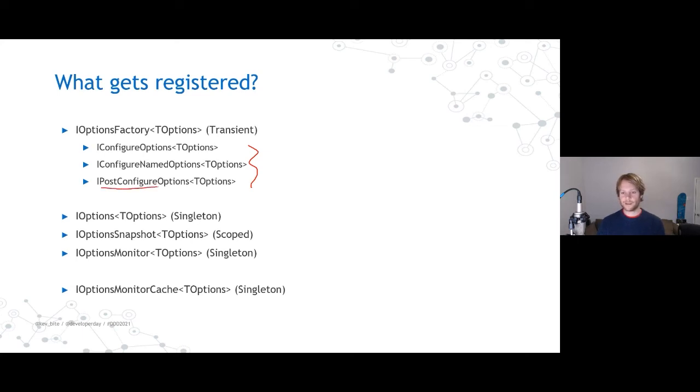I've used IPostConfigureOptions before, where I took another third-party library which has its own way of configuring stuff, loading from a certain file. If you want to reconfigure it based on your own needs in code, you can use IConfigureOptions and create an implementation of that. But the ones we're going to go over are these three down here, which are probably the most common use cases.